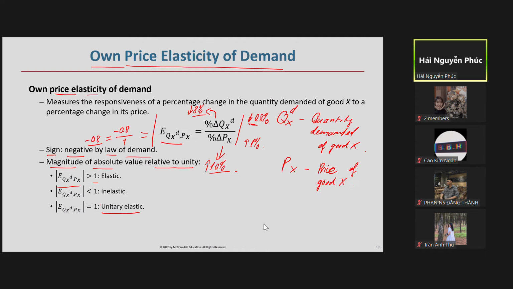It means that if the price increases by 1%, then the quantity demanded will decrease by 1%. So the effect is that revenue stays unchanged. The two effects of the price increase cancel out each other.